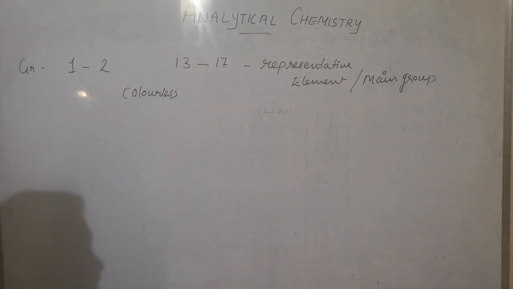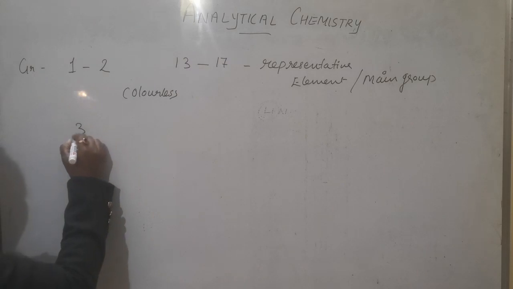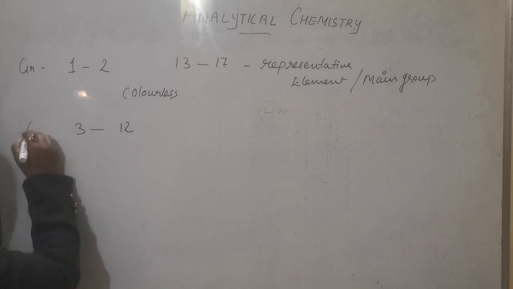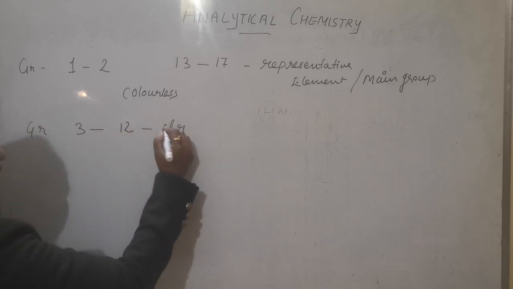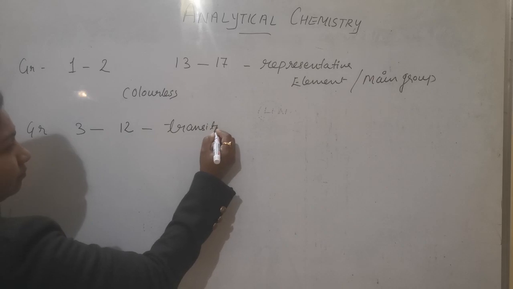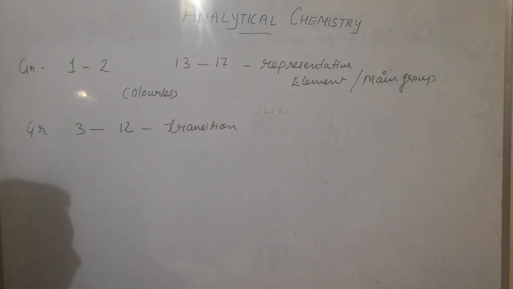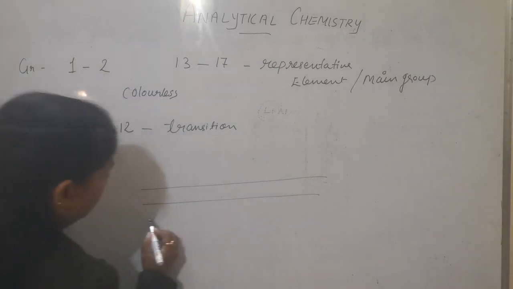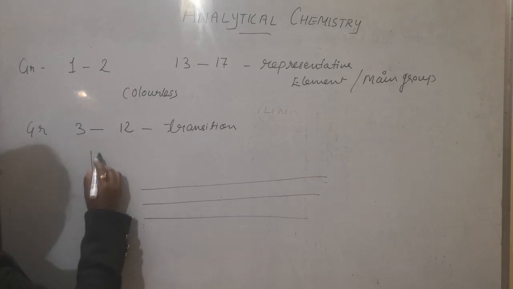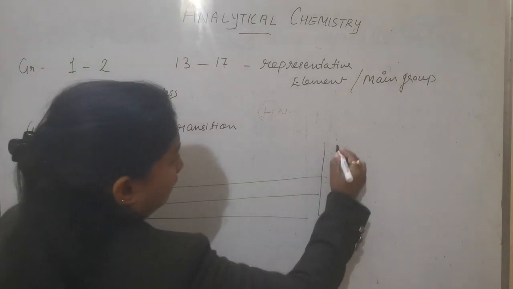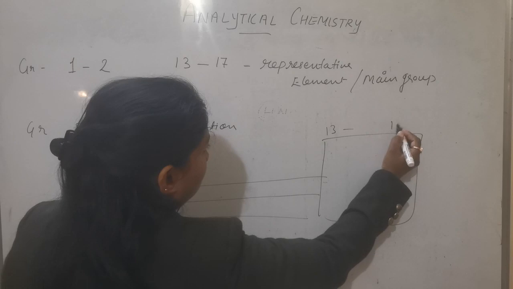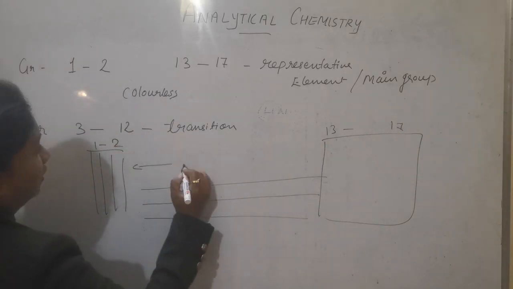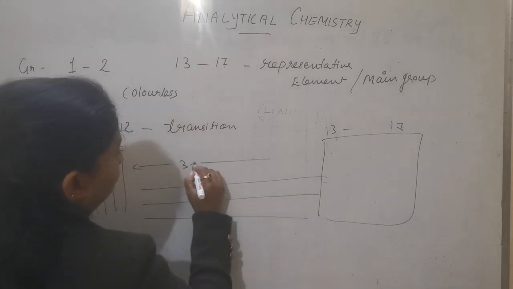And from group 3 to group 12, they are called transition elements. We have studied the periodic table, and in that table we have seen that elements that are present in between these two, 1, 2, and here we have 13 to 17, and from here 3 to 12.